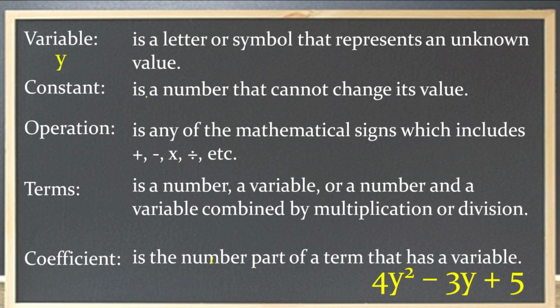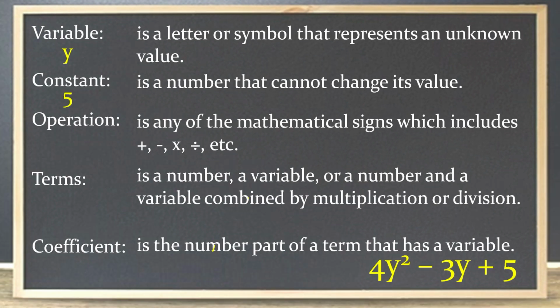And the constant is a number that cannot change its value. So if you see here, we have 4 is a number, 2, minus 3, and 5. Okay, but all of them would not be considered to be constants. So we say the constant in here is 5. And the operations, okay, operations are the signs. So in here, we have 4y squared.